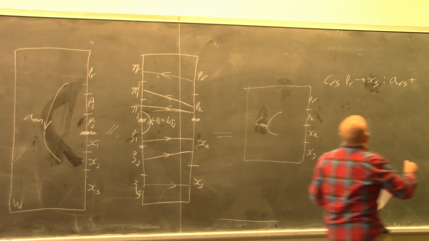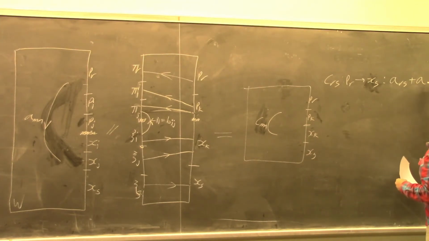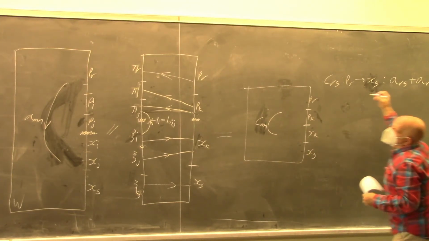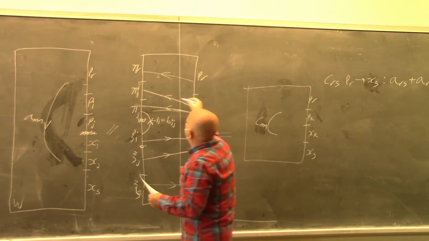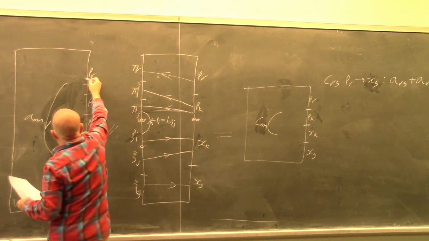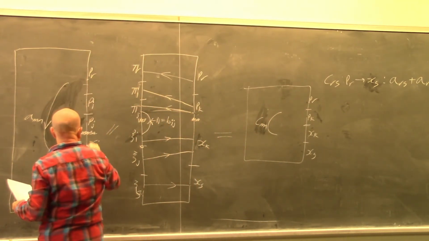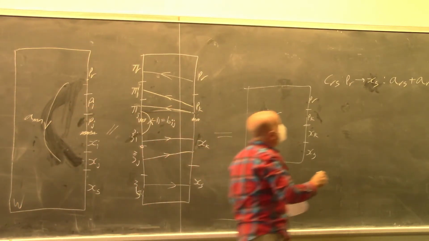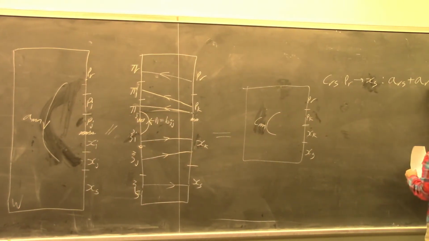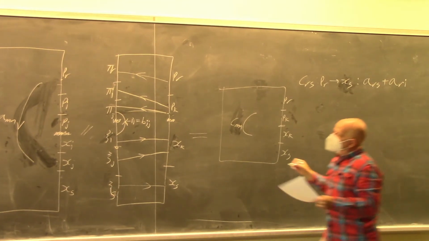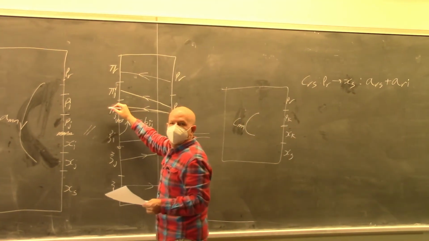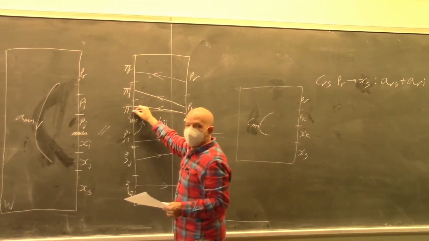First of all, AR. So I need to go from somewhere here down to xi. So ARI. Then I will be forced to go up here.